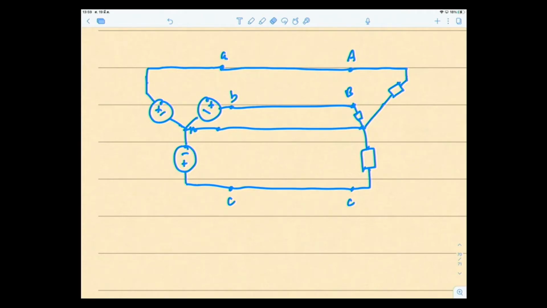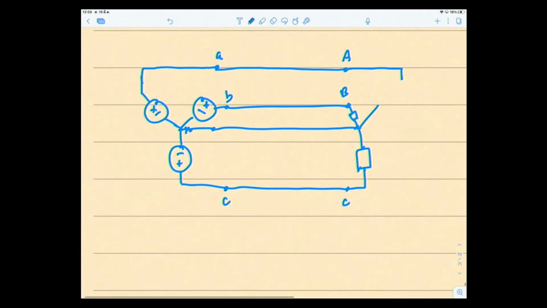Hold on, it does look like Y to me. So let me redraw this. Something like this. So Y connections.